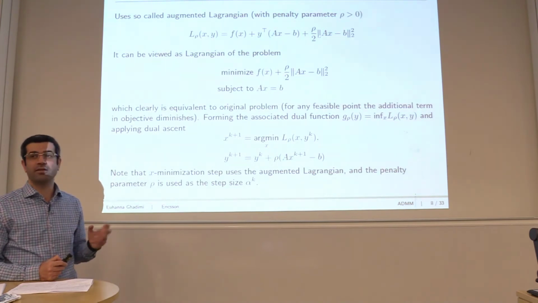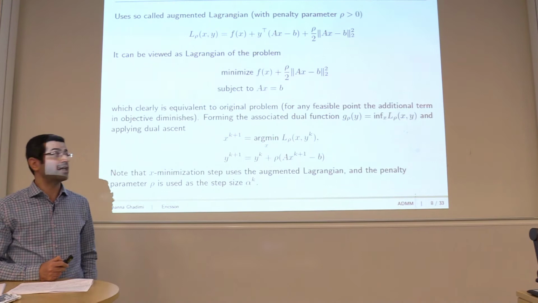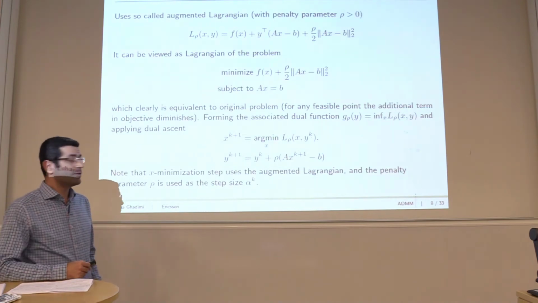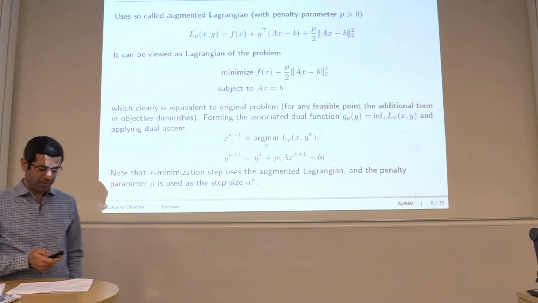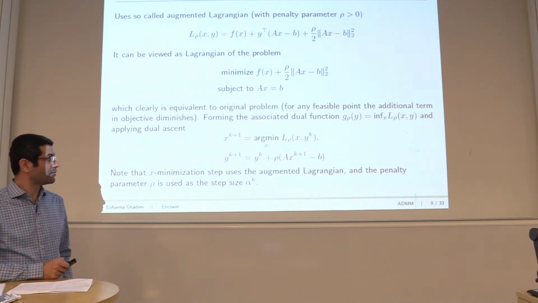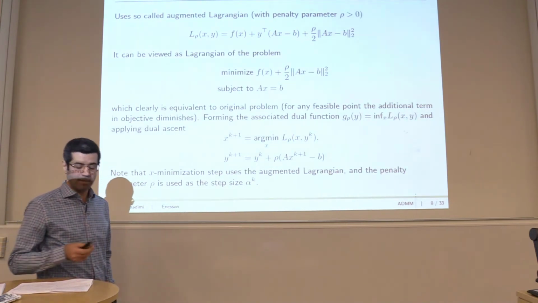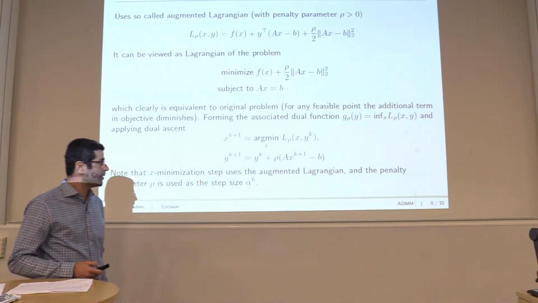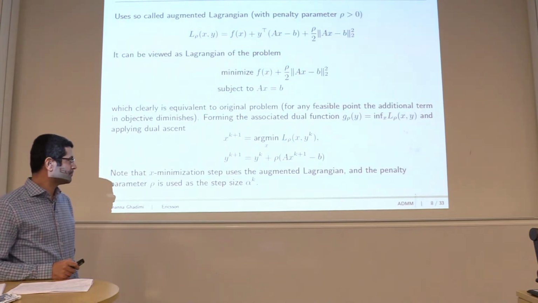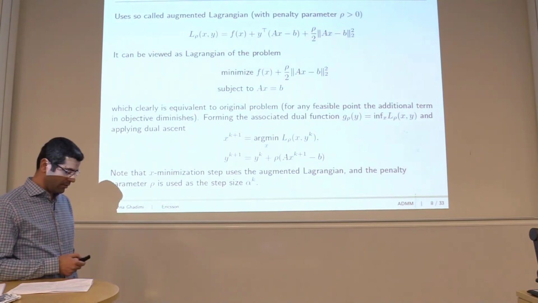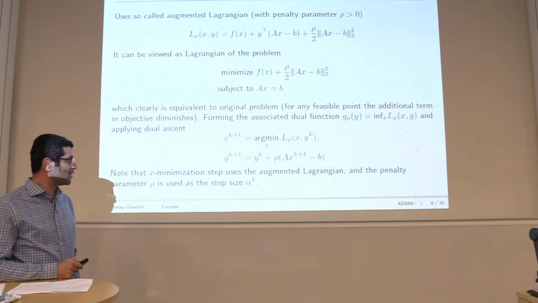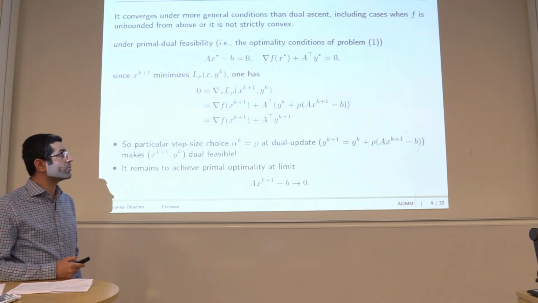Rho is a scalar, a constant penalty term. We will see in a minute how it affects the performance or behavior of the method. So the varying step size is replaced by a fixed step size, and it happens to coincide exactly with the penalty term or constant.